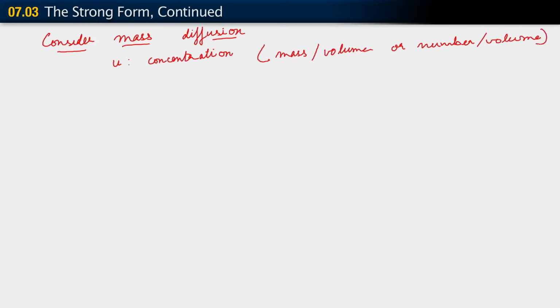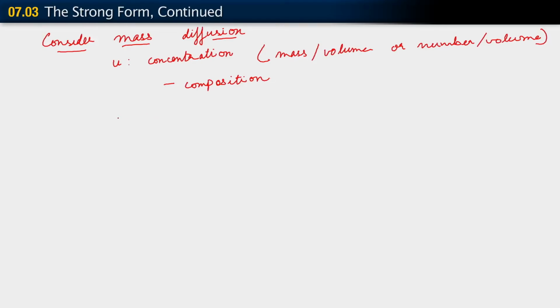Or it may even be normalized by some reference concentration to be rewritten as something called a composition, right? So I'll just write this here. Composition is essentially a reparametrization of the concentration that's often used in physics. Okay, so that's what U would be.